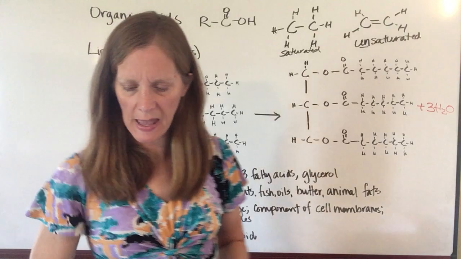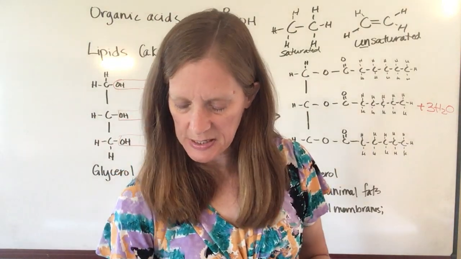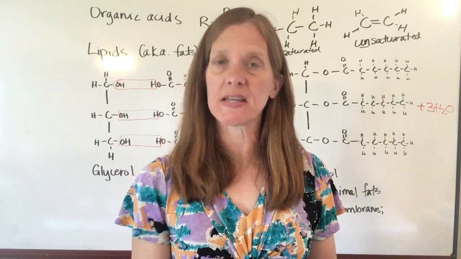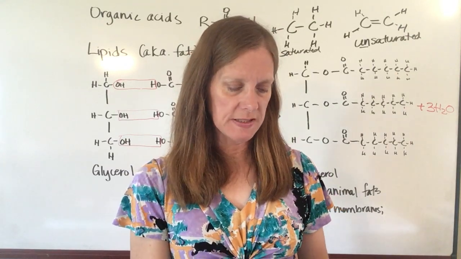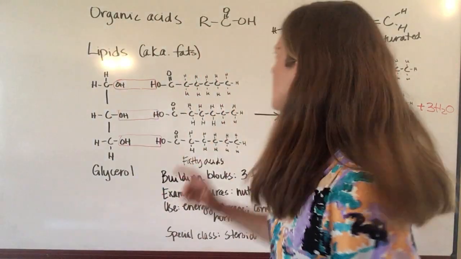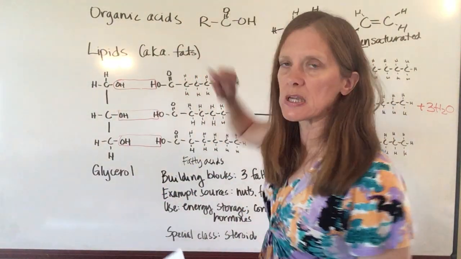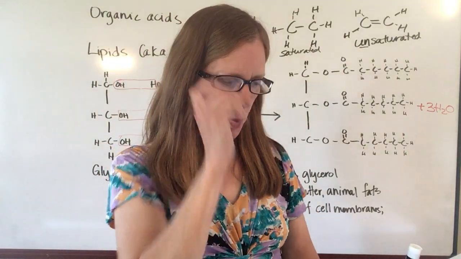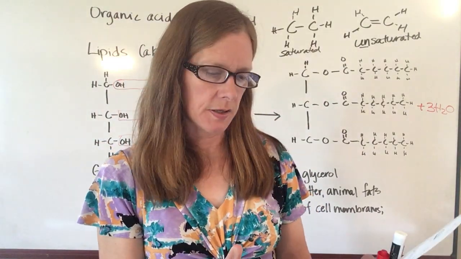So look at the sheet that I gave you. There's a question on there. It says, which fatty acid below is saturated and which is unsaturated? Now, we're not looking at this double bond. We're looking at double bonds between the carbons. So look through there and see which one of those has a double bond in it.